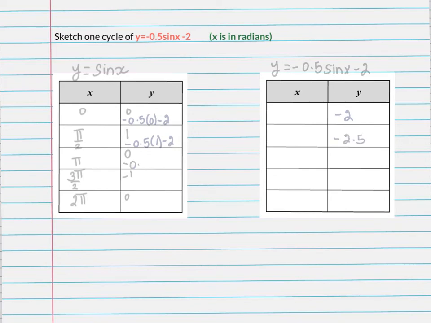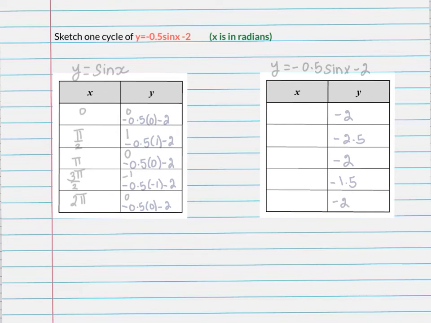Again, negative 0.5 multiplied by 0 minus 2, the answer will be negative 2. Minus 0.5 multiplied by negative 1 and minus 2, we will have a positive 0.5 minus 2, and that's negative 1.5. Finally, again, minus 0.5 multiplied by 0 minus 2, the answer is minus 2.